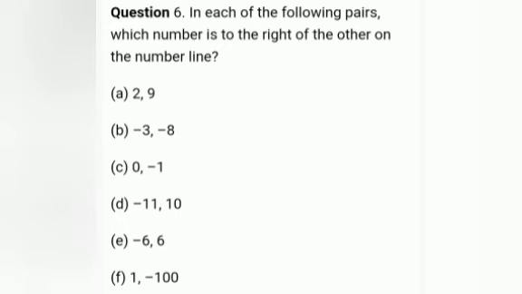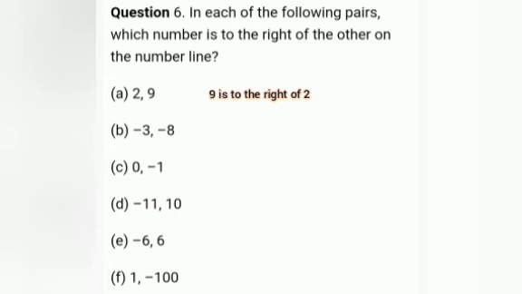Next, in each of the following pairs, which number is to the right of the other on the number line? So 2 and 9, we should always know towards the right is the greater number, right? Among 2 and 9, the greater number is 9, so 9 is to the right of 2.